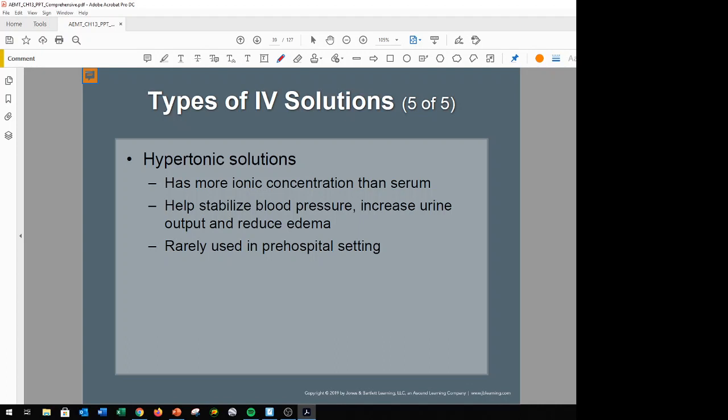And so that's going to pull body fluid into the vascular space. Okay, so we're going to be taking from the intracellular and interstitial compartments.